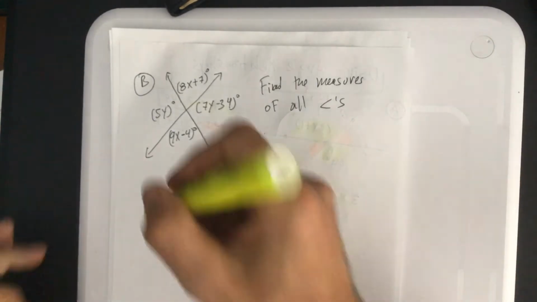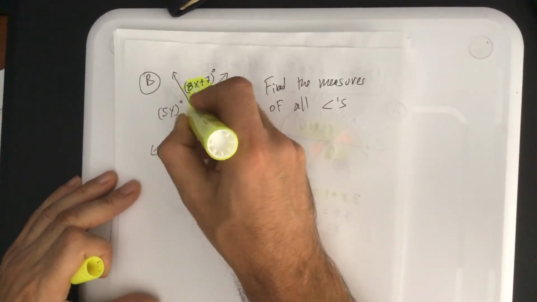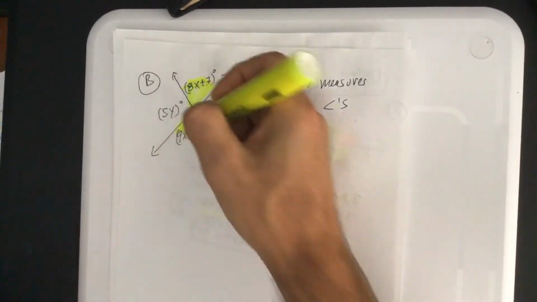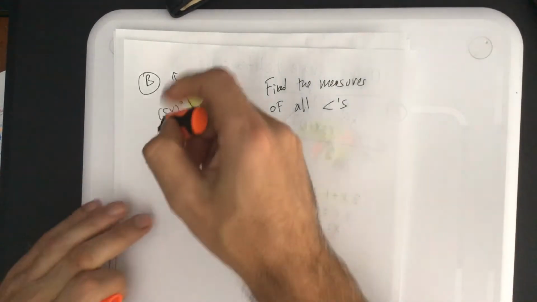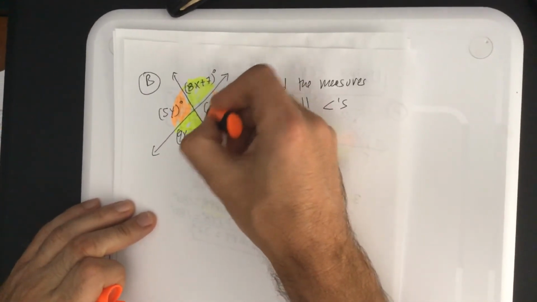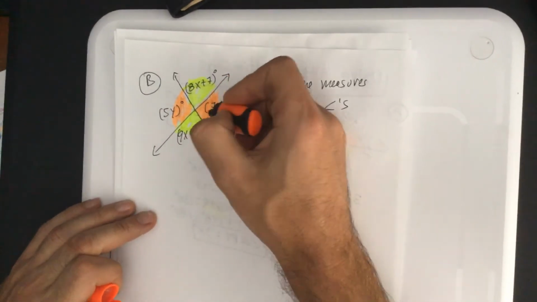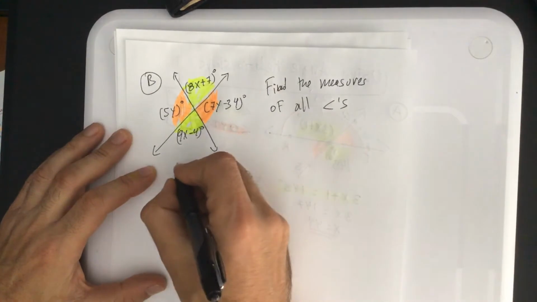Same deal as before. This angle and this angle are vertical angles, so they are equal to each other, or congruent. This angle over here is congruent to this one because they are also vertical angles, okay?